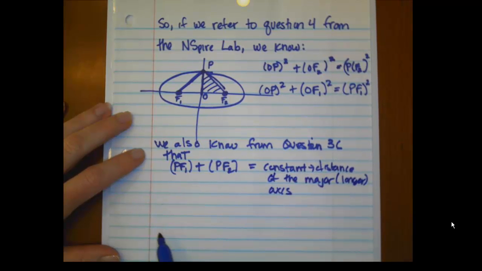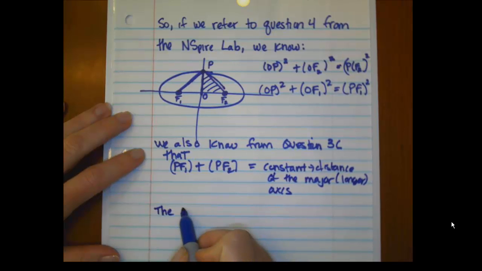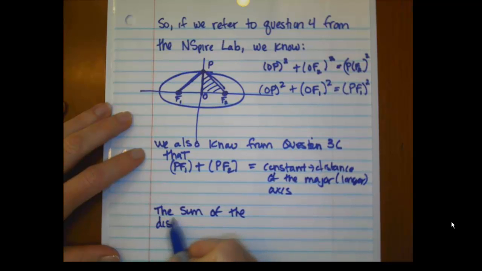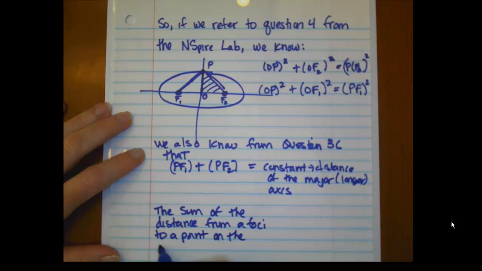So to write this out verbally, what we learned from that question is that the sum of the distances from a foci to a point on the ellipse is equal to the constant, or the distance of the major axis.